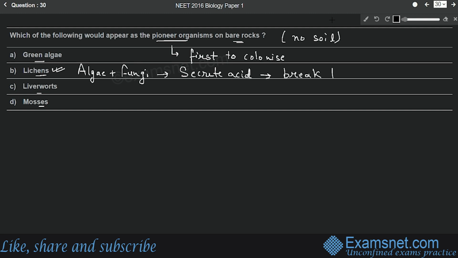Okay, so it will break the rock, and when the rock will get broken, then soil will be formed. Okay, so soil formation will take place, and then further organisms can grow in this environment. Okay, so our correct answer is option number B.